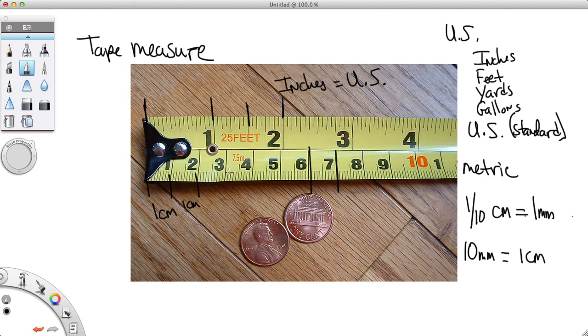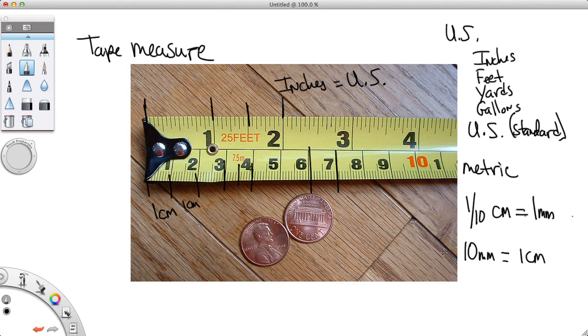And you can count there. You're going to have 10 lines in between here and here. There's 10 of them in there. 1, 2, 3, 4, 5 is the middle. 6, 7, 8, 9, 10 is the end. So there's 10 millimeters in between each centimeter.